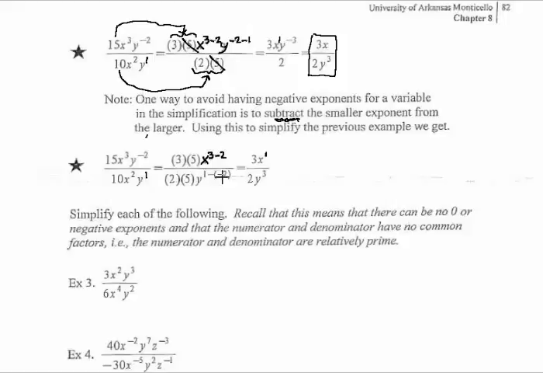So what we do instead is we keep the y to the first power on the bottom, we subtract, this minus sign is because of the quotient rule, and then we move the negative 2 and combine it with the exponent on the bottom. So we move the smaller exponent. And what we end up with is a 1.